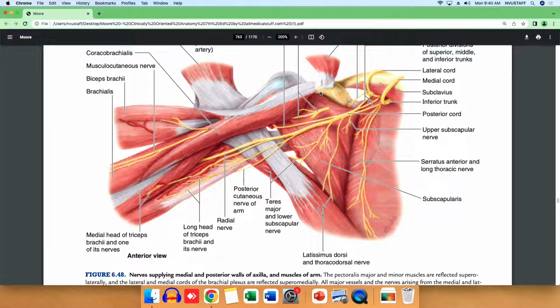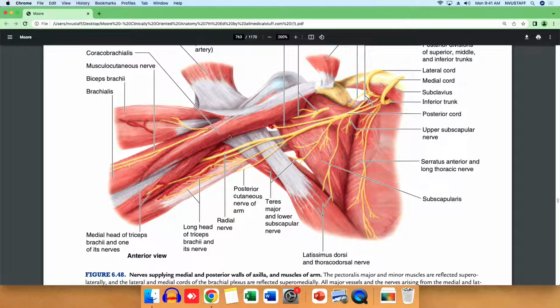So tell me please, which parts here are representing the short head of the biceps brachii? So if we go through, we do have this particular region. You see this muscle as an example. Does it look like the biceps brachii? No, because you see the attachment somewhere in the middle already.